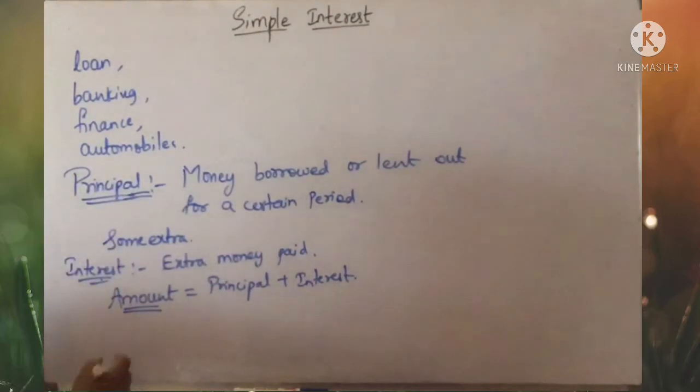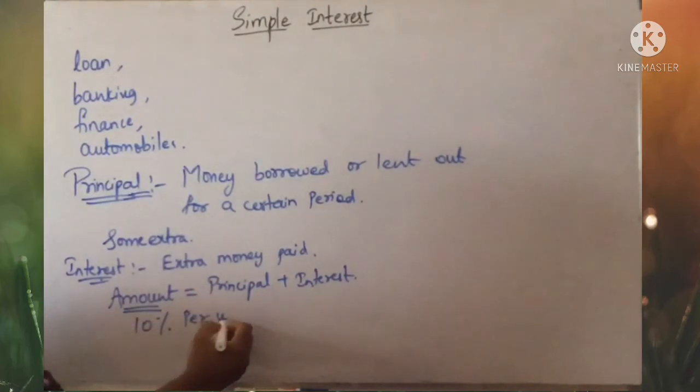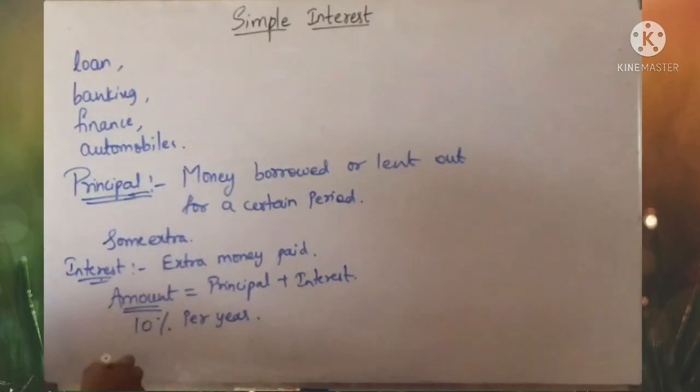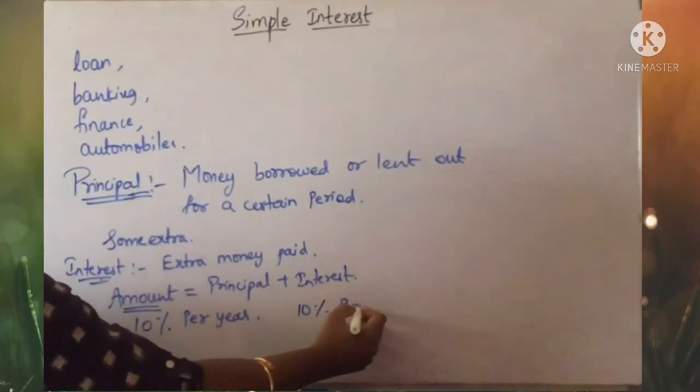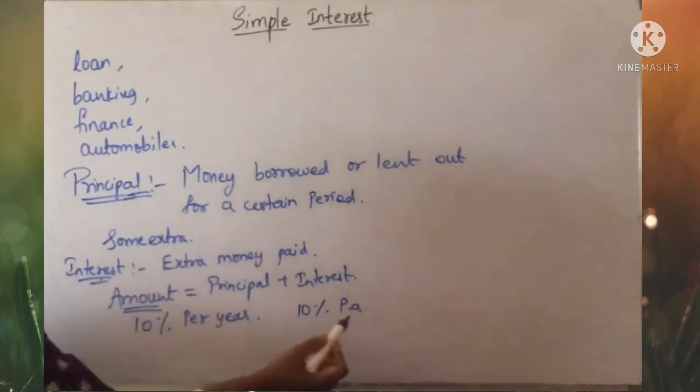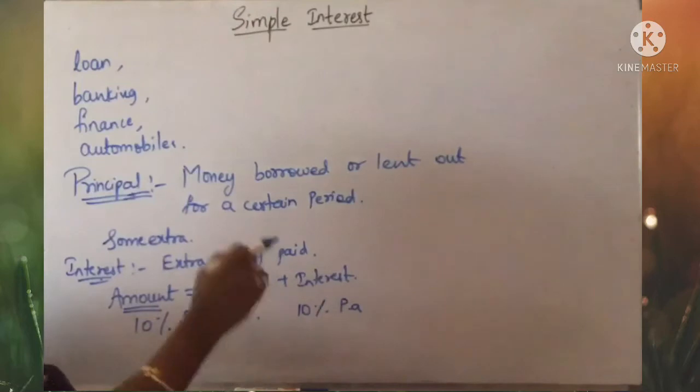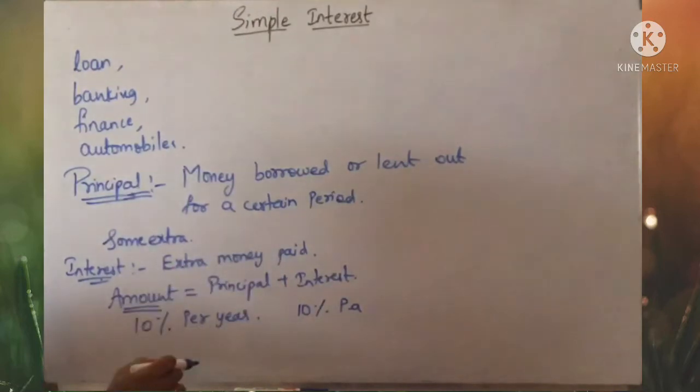It is written as, for example, 10% per year, or per annum, or in short 10% per annum. So 10% per annum means on every 100 rupees borrowed, rupees 10 is the interest we have to pay for 1 year.